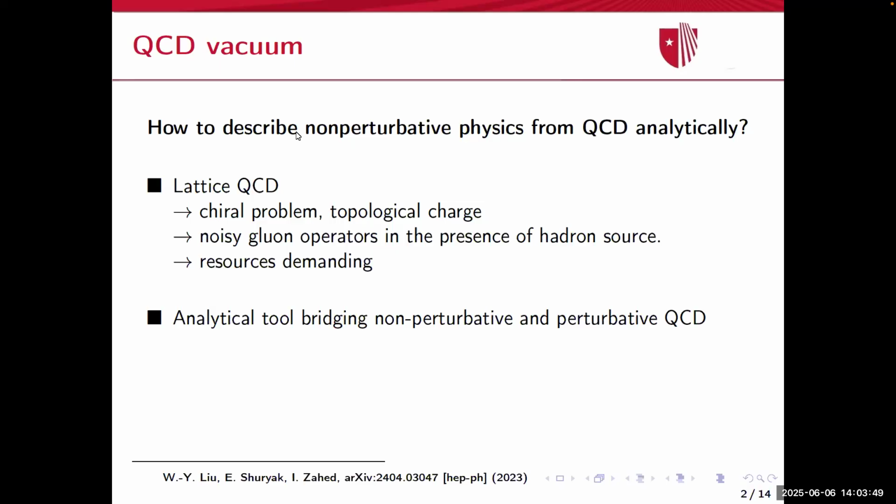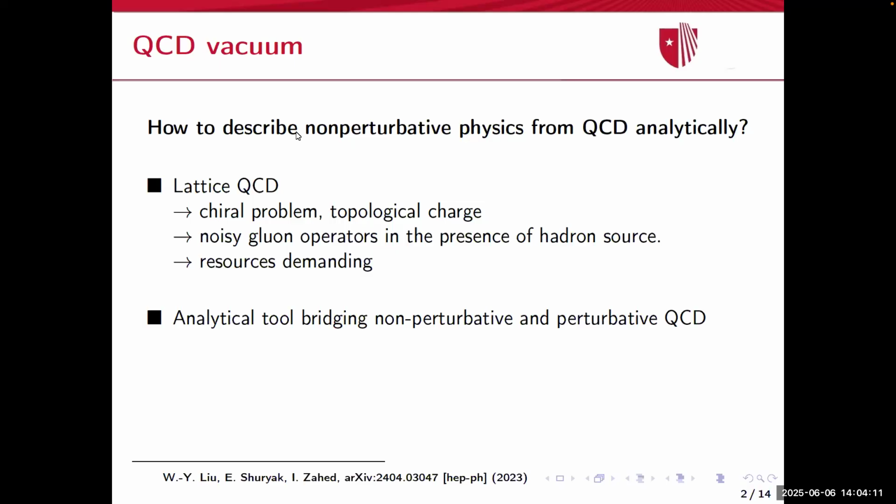And if the theory only has left-handed fermions or right-handed fermions, then it's also hard to use lattice QCD so far. Also, especially for the hadron or QCD community, for the gluon operators, if you have a hadron source and a gluon probe, then it's kind of noisy.